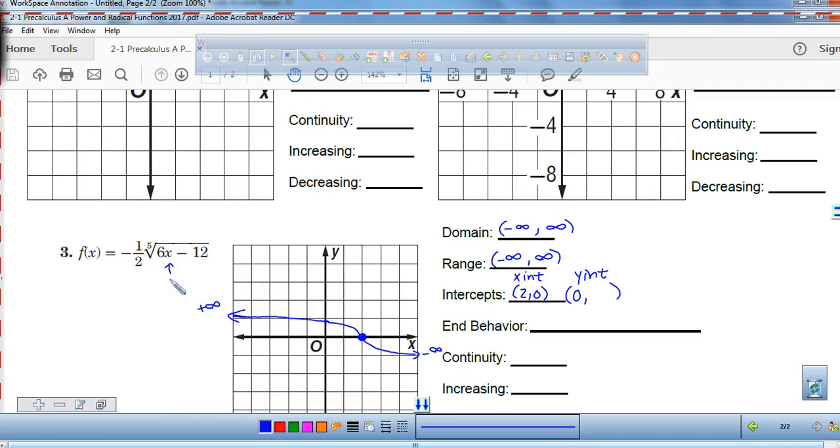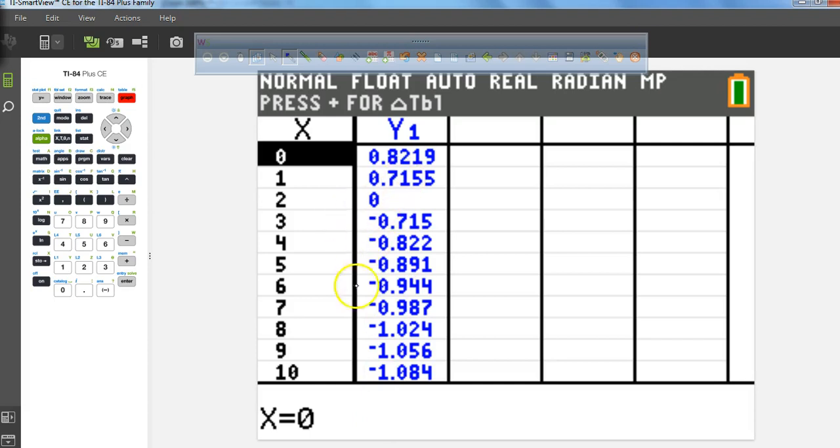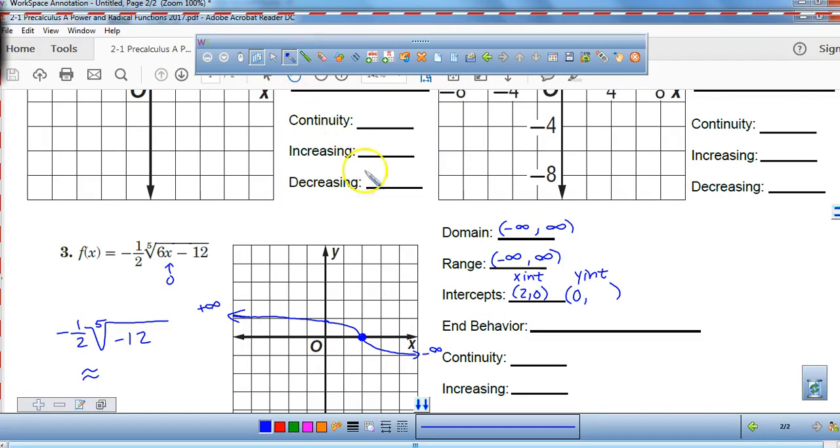If I plug in a 0, then I'm left with a negative half times the fifth root of negative 12. And what's that approximately equal to? There's a decimal, and that decimal is 0.82. So if I wanted to give the approximate value, you could say it's equal to 0.8.